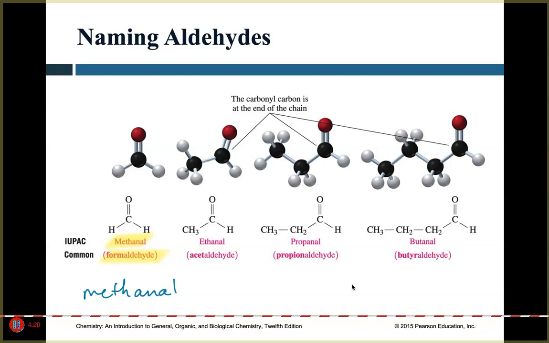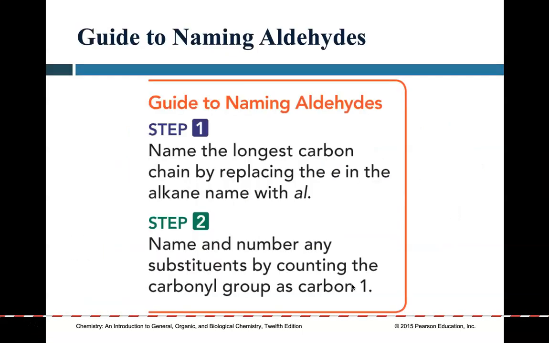It doesn't smell pleasant, right? Ethanal, propanal, butanal, we're still following the same naming convention that we've seen for alkanes, alkenes, alkynes, alcohols, thiols, and ethers. Even though, actually not for ethers, but there is a similar pattern emerging, right?